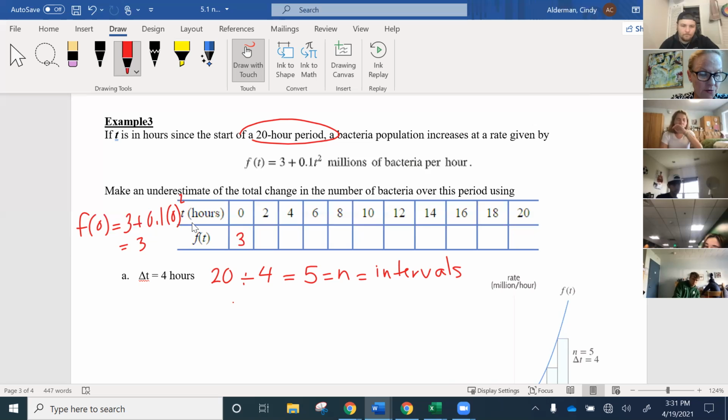And if you did f of 4, you're going to get 4.6. And then the next 4-hour interval would be at 8. So if you did f of 8, you're going to get 9.4. And so on, right? The next interval is 4 hours from 8 hours, which would be another 12 hours. So you're going to get 17.4, and then at 16, you'll get 28.6, and at 20, you'll get 43.